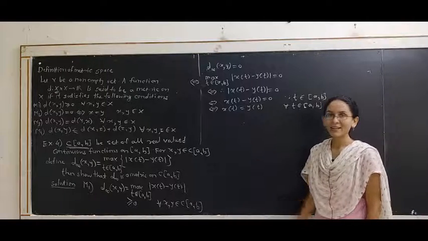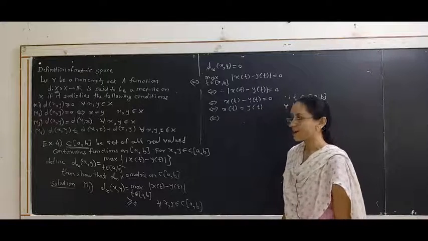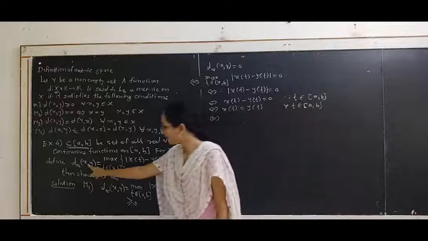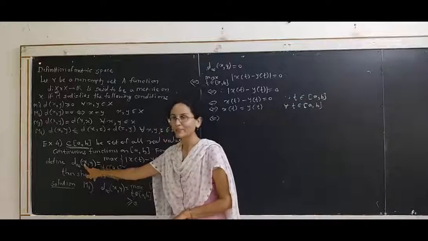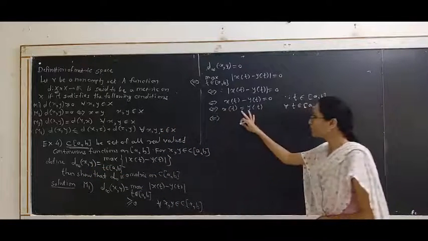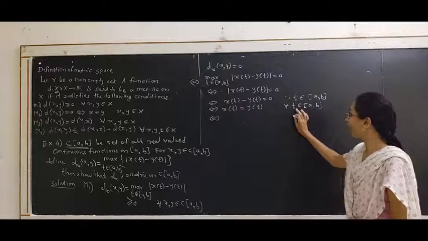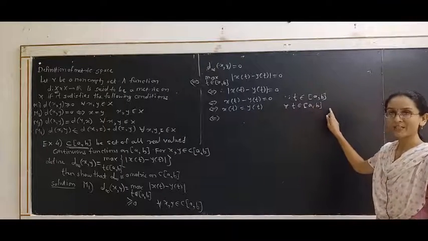Hence both functions are identical, and their notations are x and y. In the given definition of metric, x represents a function, y also represents a function, and here we proved that the functions x and y have the same images for all t belonging to the closed interval [a,b].